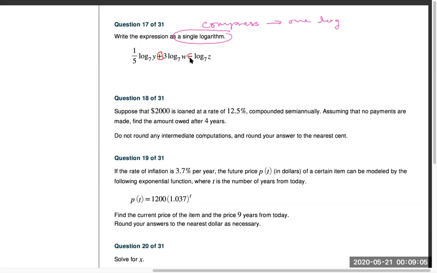You can see there's a minus here. And you can see that there are coefficients in front of the first log and the second log. Okay, so the first step is to use the power rule of logs. All the coefficients are going to come up into the argument.